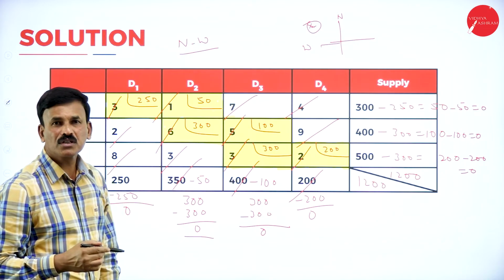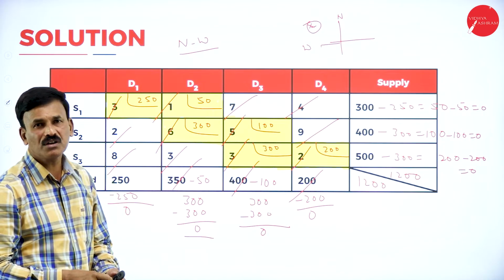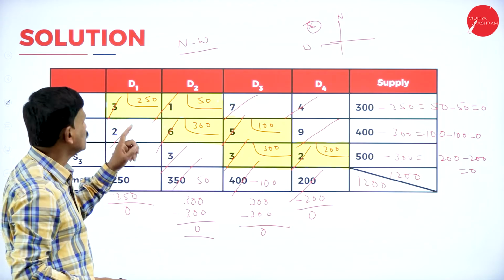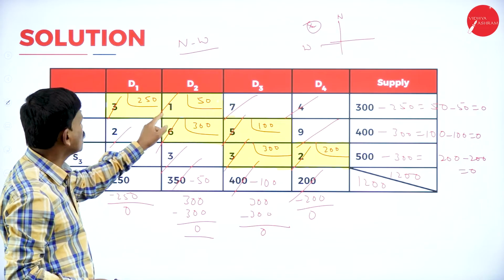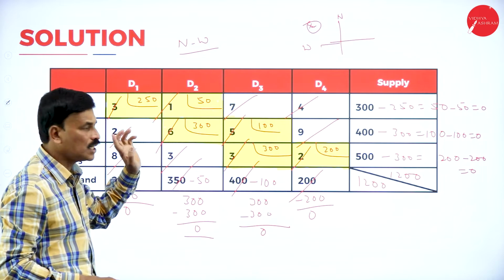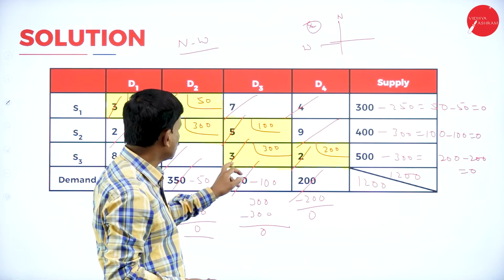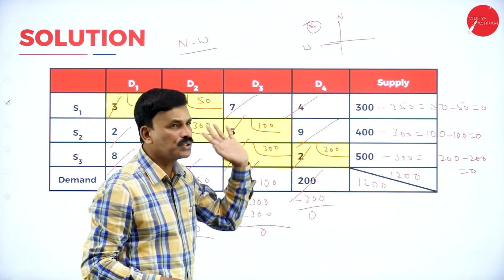Now find out the cost of the transportation. So how to find the cost of the transportation? Very simple. So 3 into 250 plus 1 into 50 plus 6 into 300 plus 5 into 100 plus 3 into 300 plus 2 into 200.